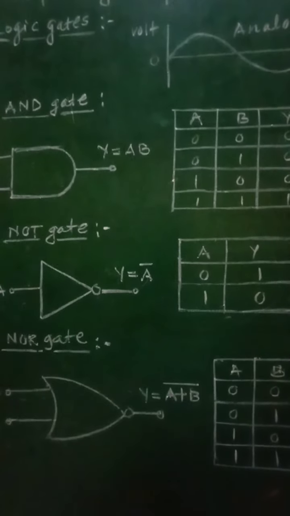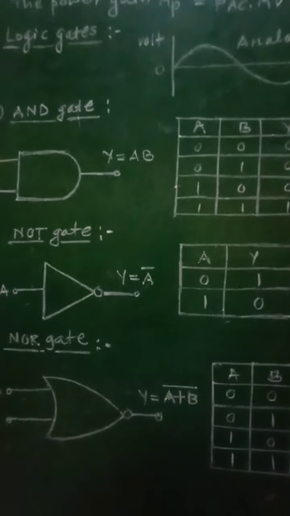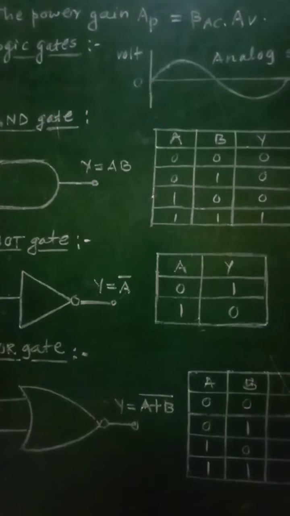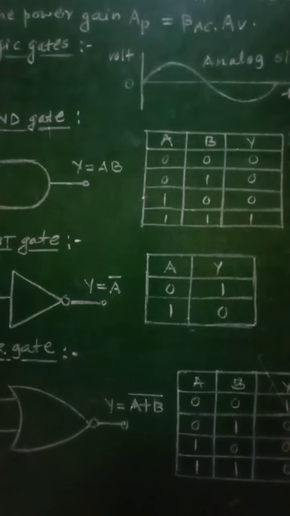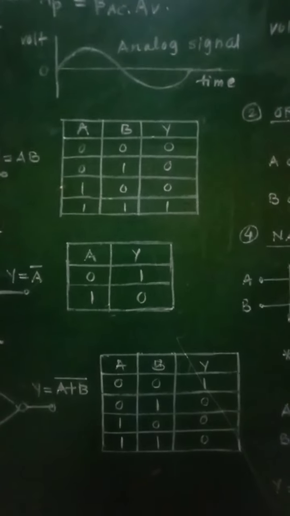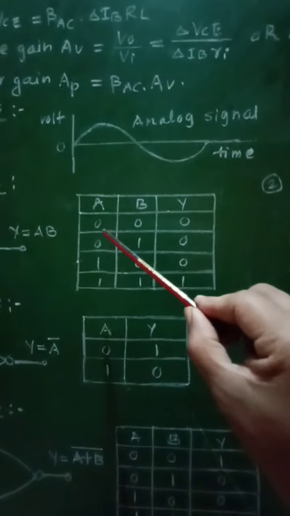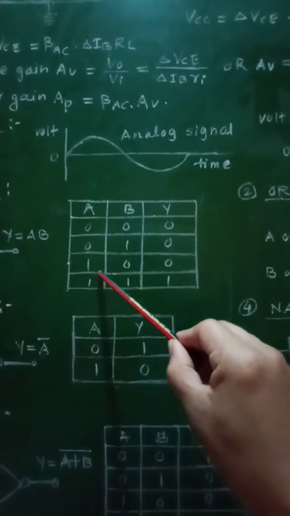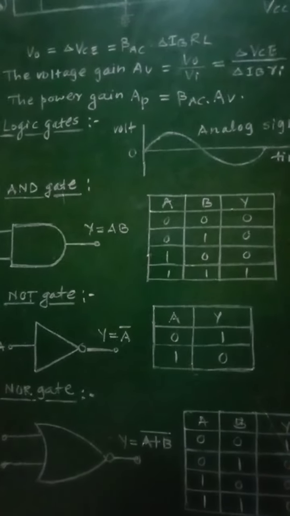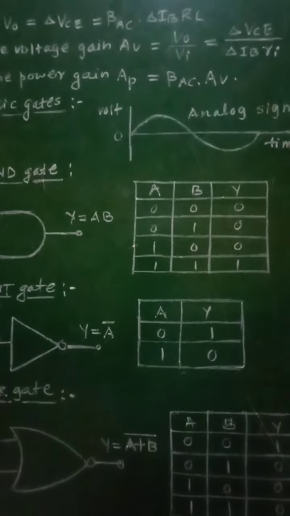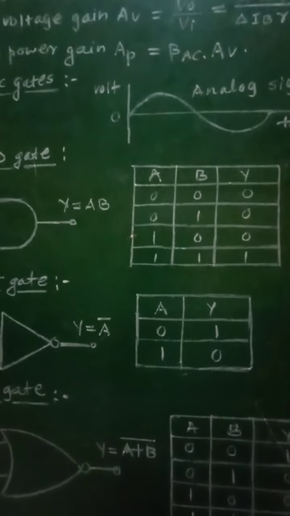If you consider any logic gate, then it will have its inputs in the form of zeros and ones, that is low and high values, and its output will be again obtained in the similar form as zeros and ones. So 0 will represent the low state and 1 will represent the high state, and therefore all the gates will have their inputs and outputs in the form of zeros and ones.